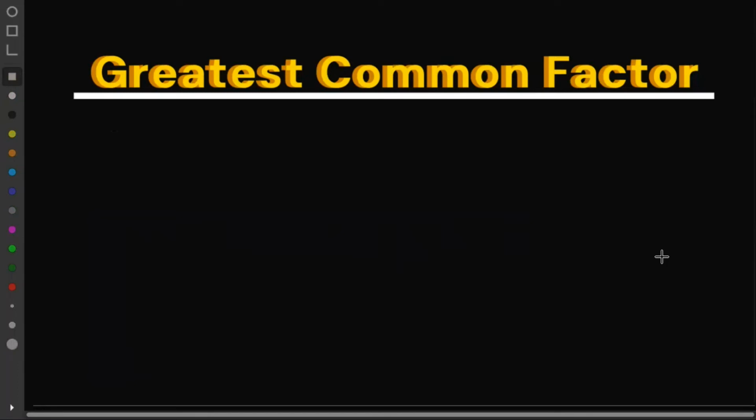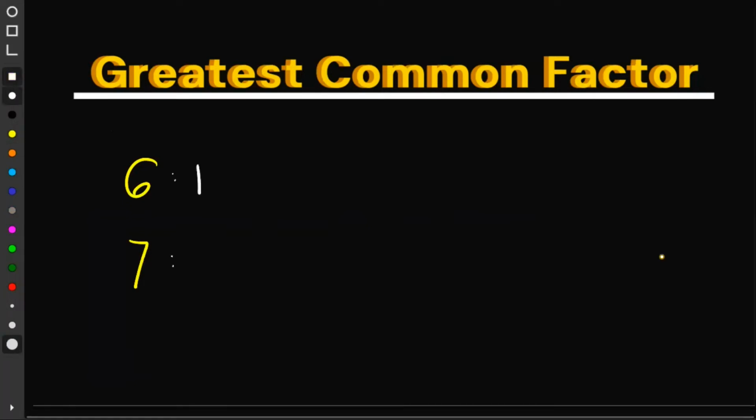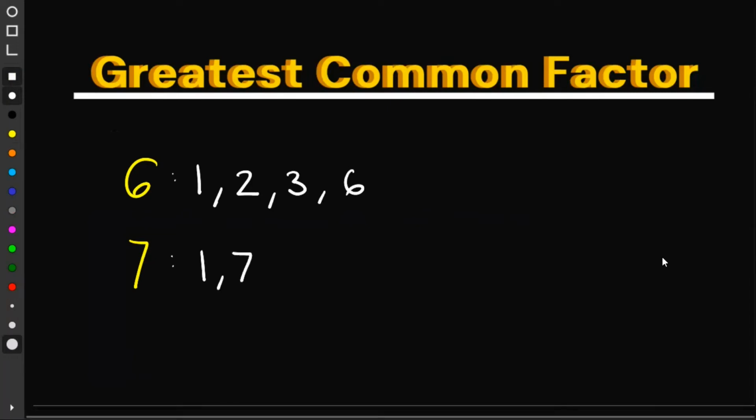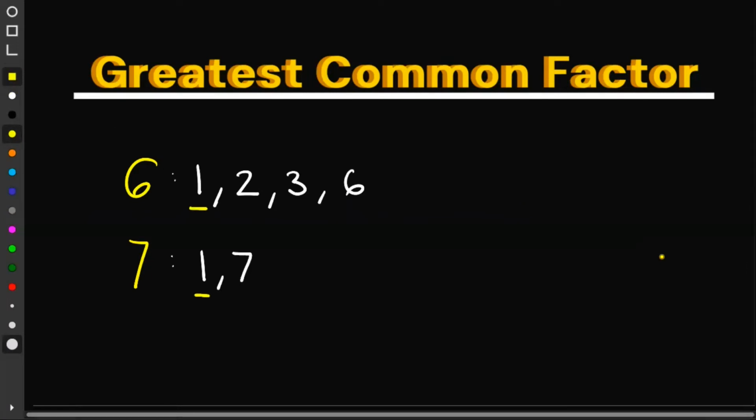Let's go on to another example. Say we have 6 and 7. Let's try to list out their factors. For 6, we have 1, 2, 3, and 6. For 7, we only have 1 and 7, since 7 is a prime. Observe here that the only common factor between 6 and 7 is actually 1.